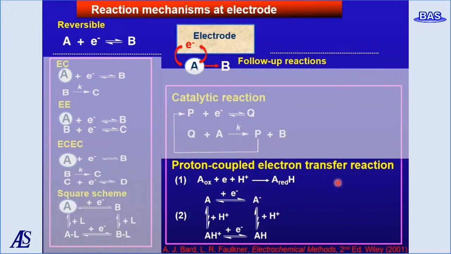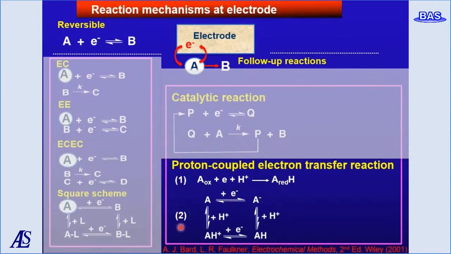In aqueous solution, there are two different descriptions. The first case is that the electrode process of the A/AH couple is fully reversible, which is written by these chemical equations involving both electrons and protons.